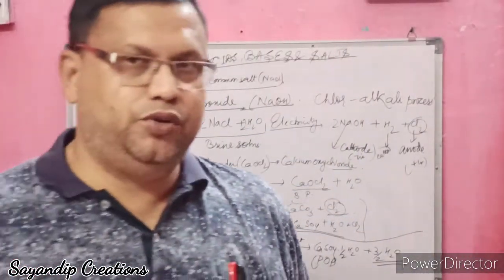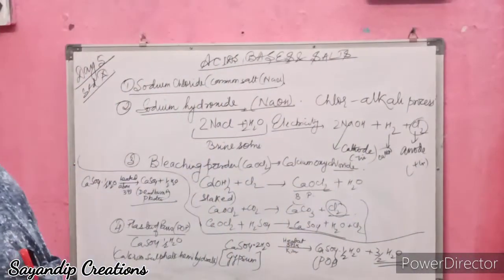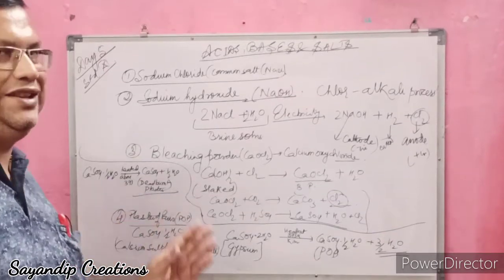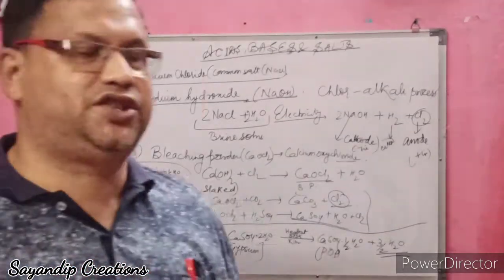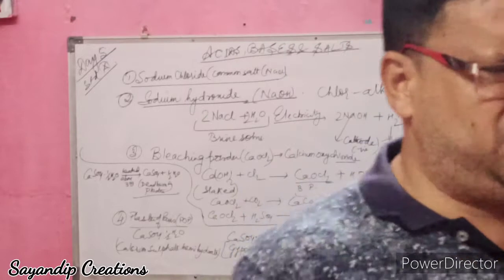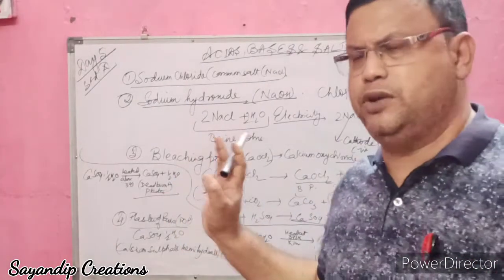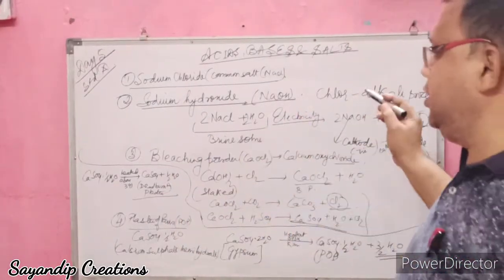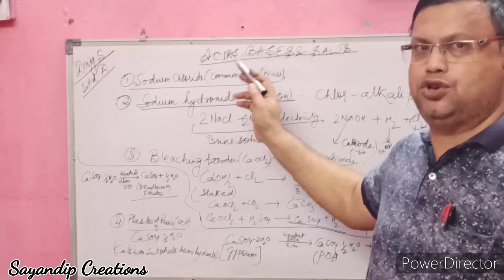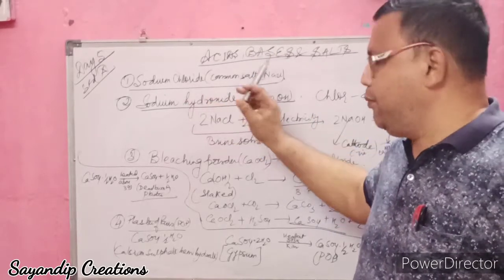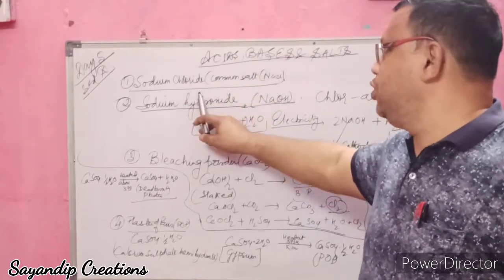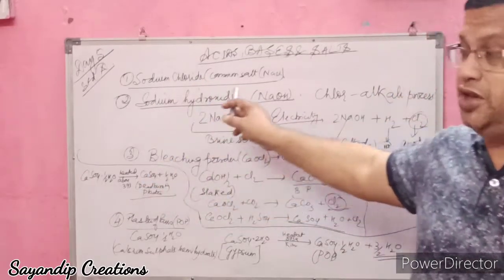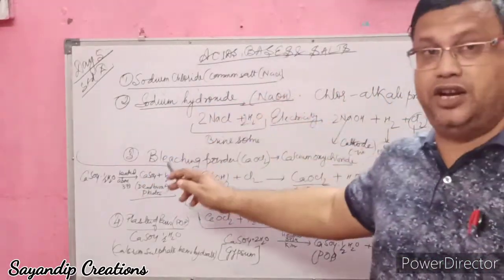So today we discussed various types of salt, like normal salt, acidic salt, basic salt, mixed salt, double salt. That is not so important, but you should still remember. Then we studied the products formed from salts, like sodium chloride, a major source for producing different compounds.